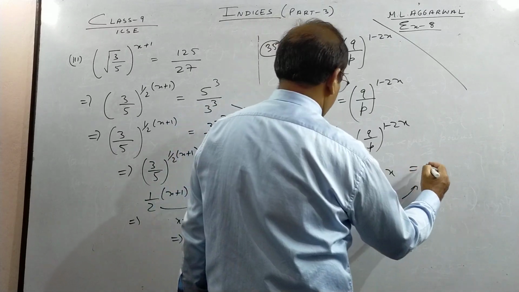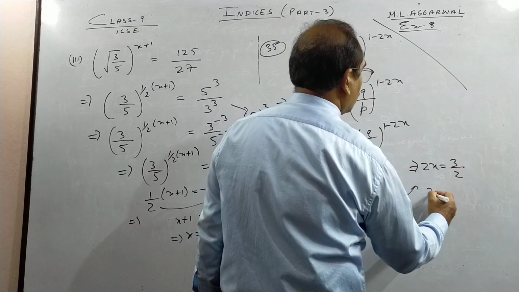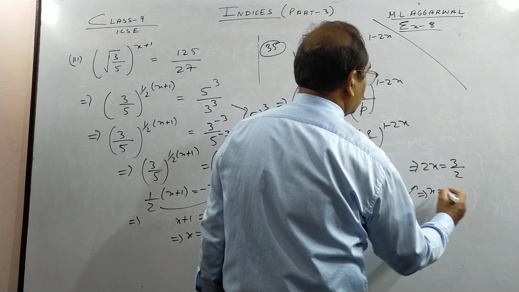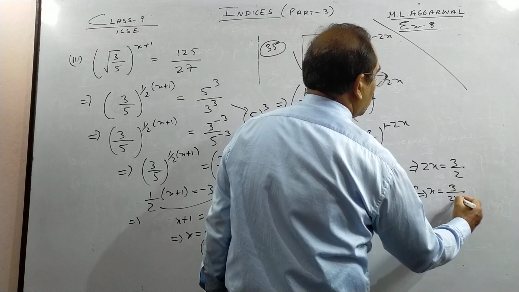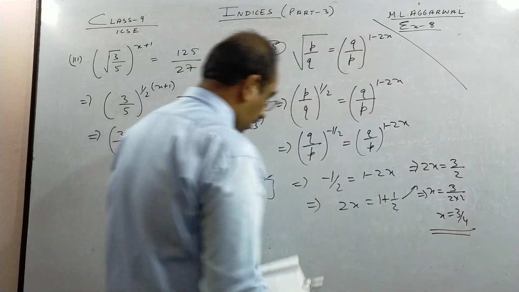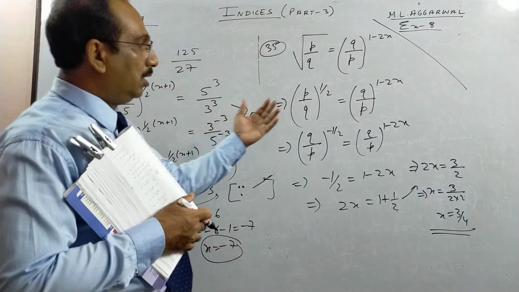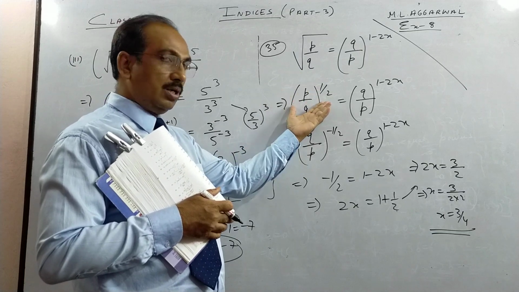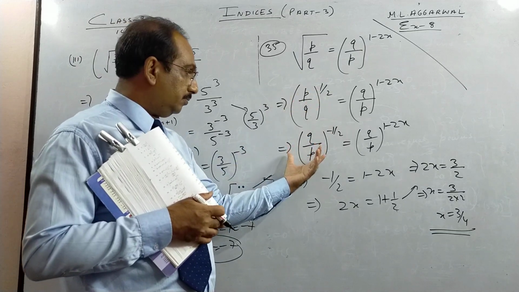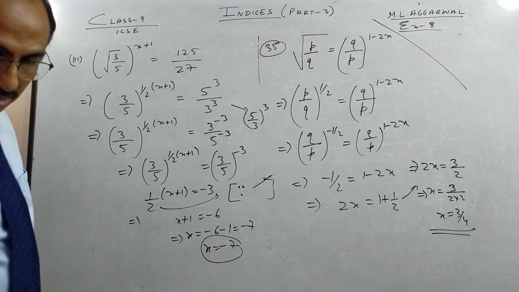So next we have 2x is equal to 3 by 2, x is 3 by 4, since 2 goes down, 2 into 2 is 4. So this was my question 35 part 1. Once more, I take root as power half, I interchange it, I equate it and solve for x.